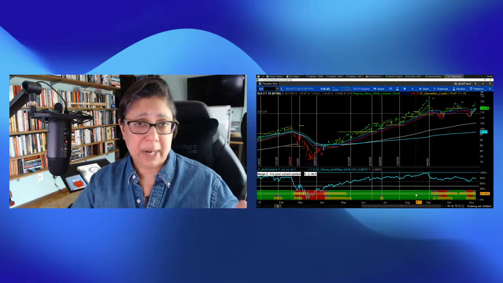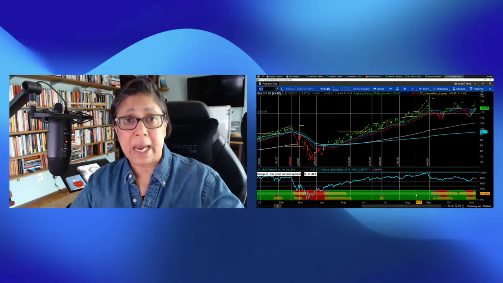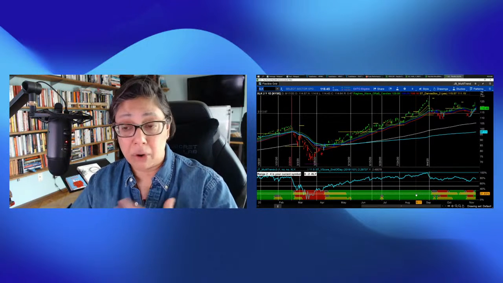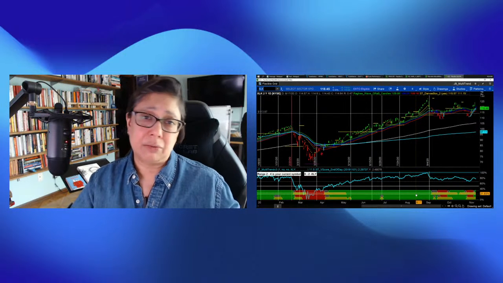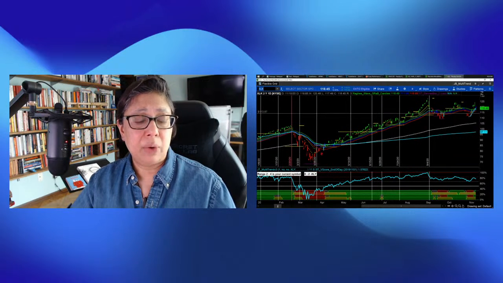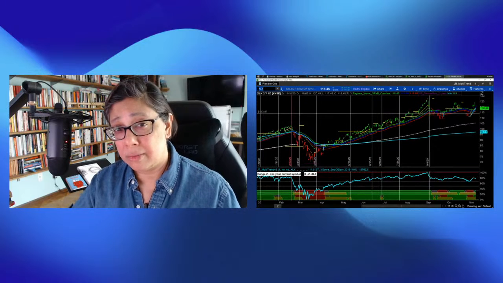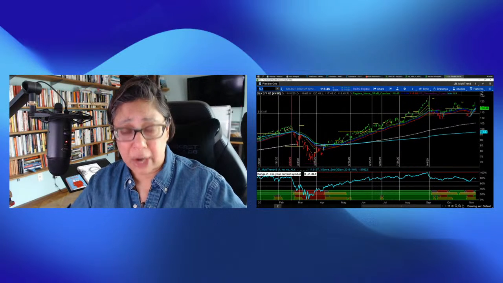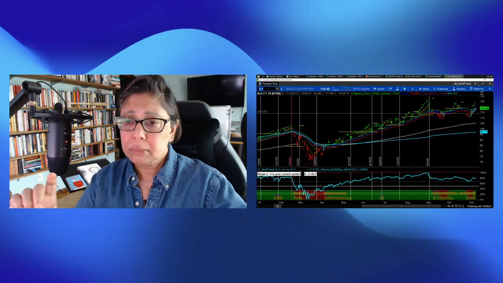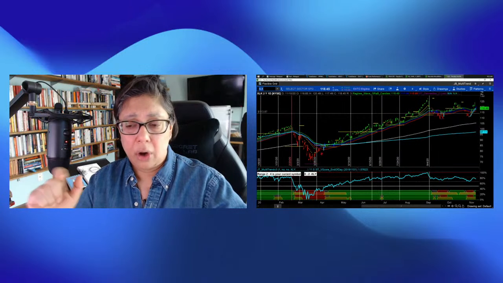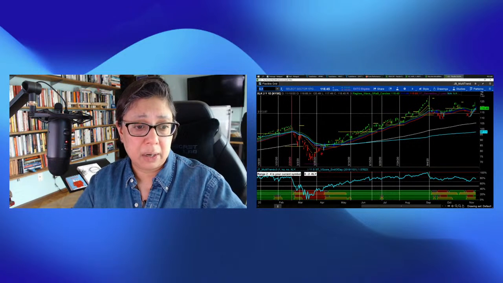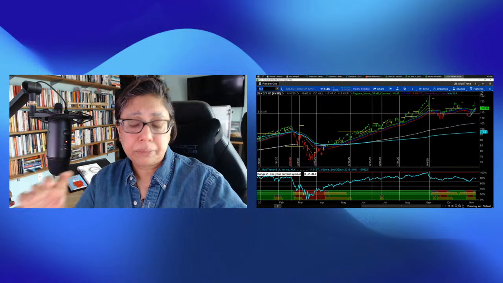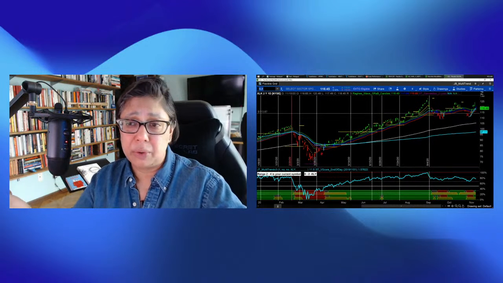So A, it forces me to have a process, that B, I then program in, or a programmer programs in for me, into an indicator. And then all I've got to do is read the tea leaves, as they say. So I think one of the best ways to shorten the learning curve, at least that's what I try to do for my traders and students, is automate. Automate the decisions. Automate the things that I used to do manually. So that's what I would focus on.